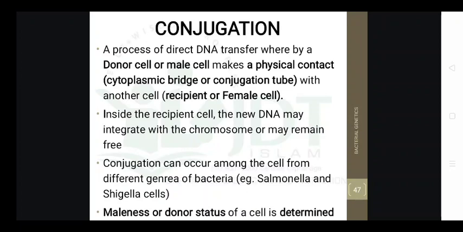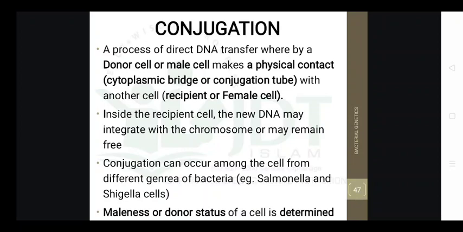So it will transfer genetic material from one cell to another cell through a cytoplasmic bridge, which is known as conjugation tube, which is produced by donor cell or male cell with the recipient cell. So inside the recipient cell, the new material may integrate with the chromosome or may remain free. Conjugation occurs among cells from different genera of bacteria like Salmonella and Shigella.